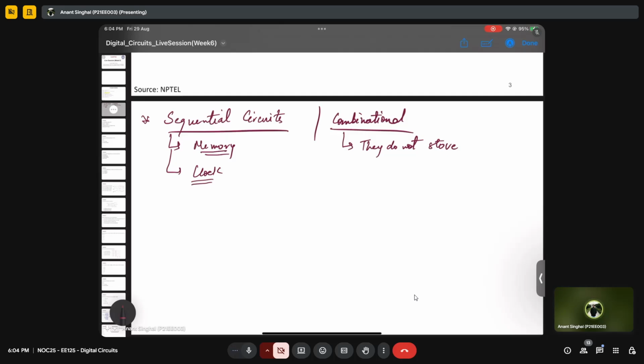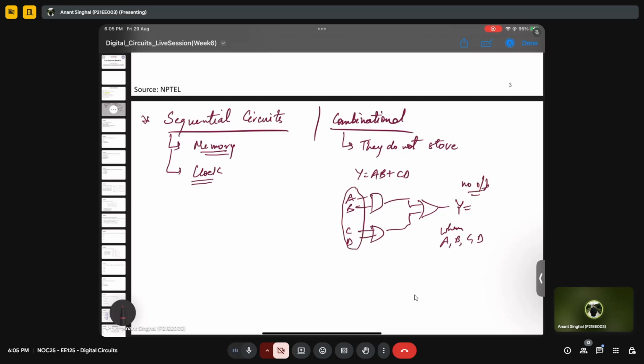Say for a combinational circuit we were studying a multiplexer, and let's say our output is AB plus CD, with inputs A, B, C, D, and the output is Y. This output Y is only valid when we have a certain ABCD. If we do not apply anything here, there will be no output, because it is not storing anything.